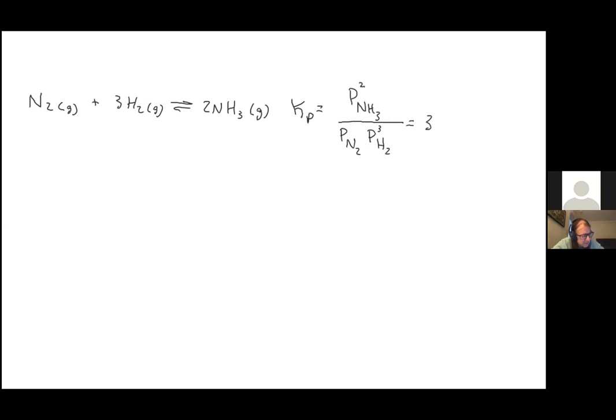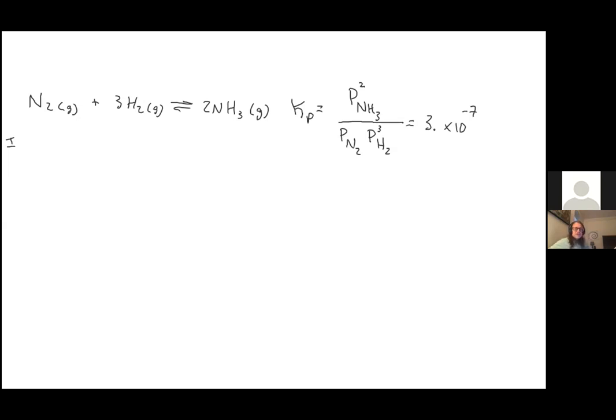And what I want to point out is the value is, in all these problems, very small. This is a small X approximation to solve these problems, which works pretty well. Okay. I'm actually happy that they give you this problem because it shows you how to solve a pretty cool problem. Okay. So here's what they tell us. And I'm going to go ahead and introduce us to what's called the ICE table, initial change equilibrium, ICE.